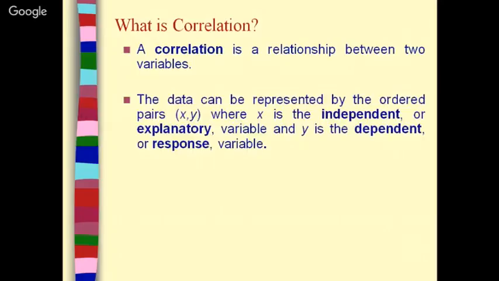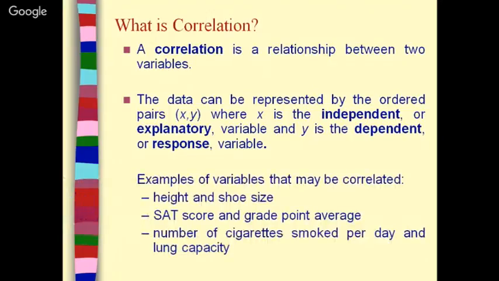Now, data is represented on two variables, x and y, where one variable we may call the independent, and the other we take as the dependent, and find the relationship between the two. Examples of this: I may find the relationship between height and shoe size. SAT means Scholastic Aptitude Test.